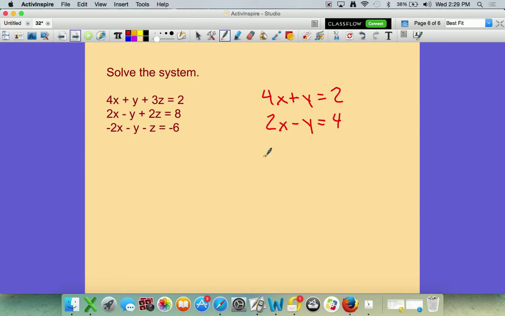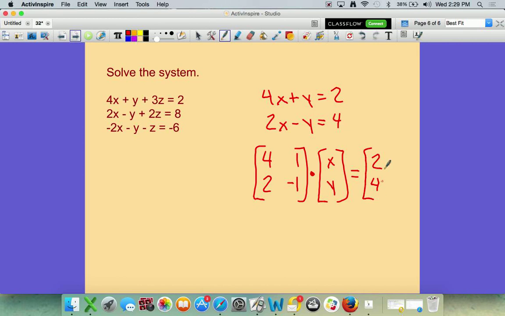But you could also say, well, if I wrote a matrix that looks like this, which notice is just the coefficients of our variables there, and I took that times xy, that would equal 2, 4. Well, to solve for xy, if I move this over, I'd have to take the inverse of this.